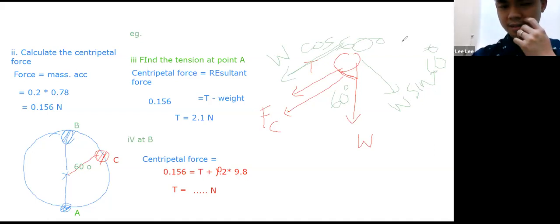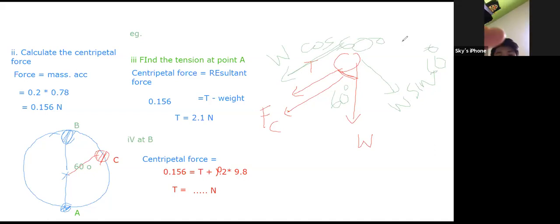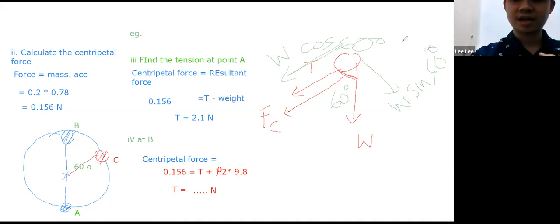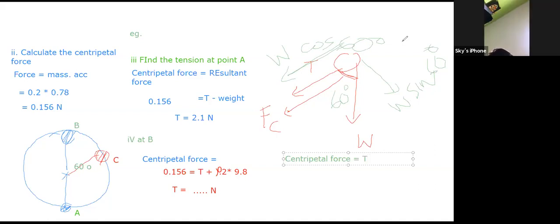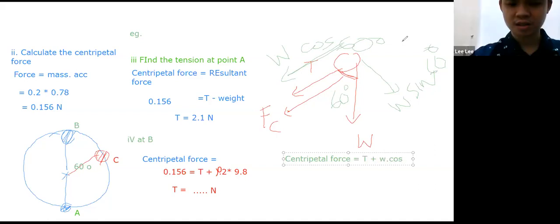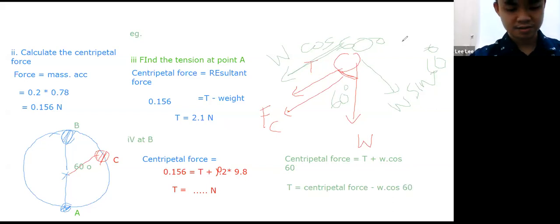So all of them head to the same direction, right? Will any of them be negative? No. So centripetal force equals T plus W times cos 60. So T equals centripetal force minus W times cos 60. Can you understand?